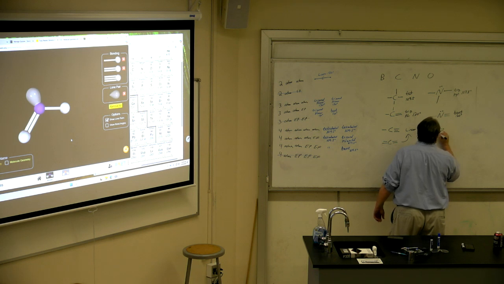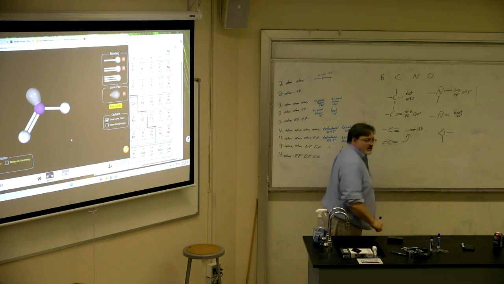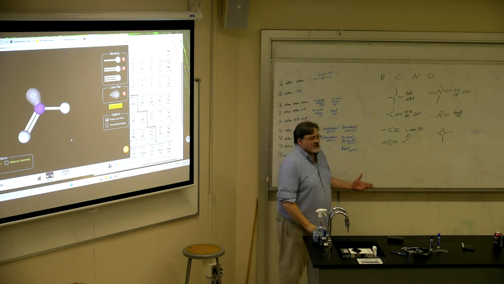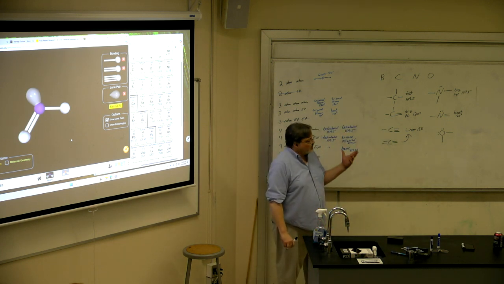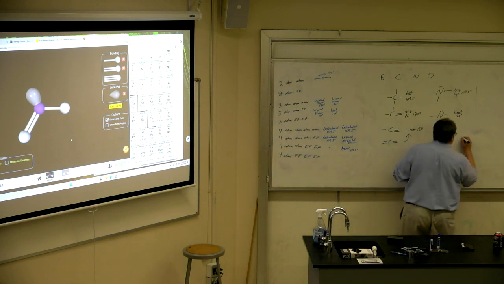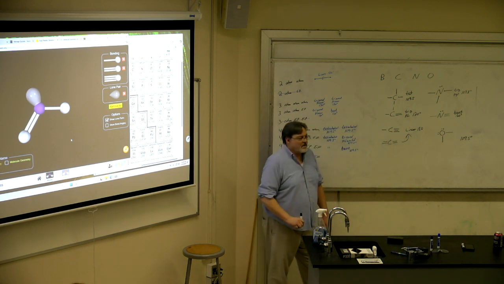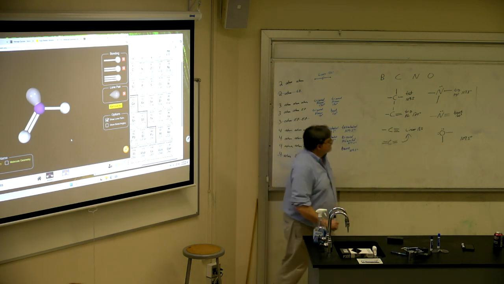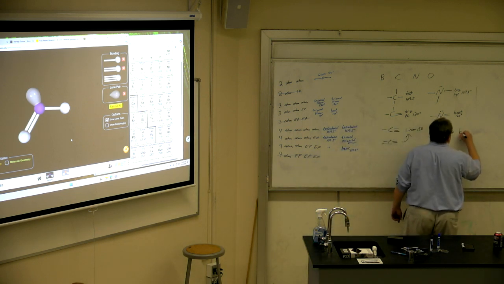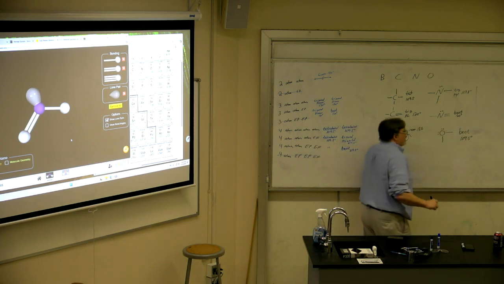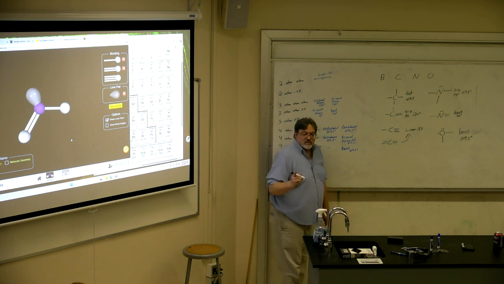You're either gonna see oxygen like that. It's tetrahedral, 109.5 degrees, but you ignore those pairs of electrons. And what's that shape? Bent in 109.5 degrees.